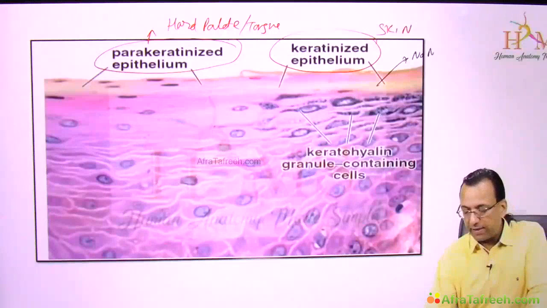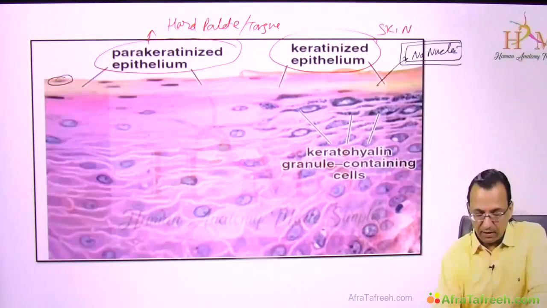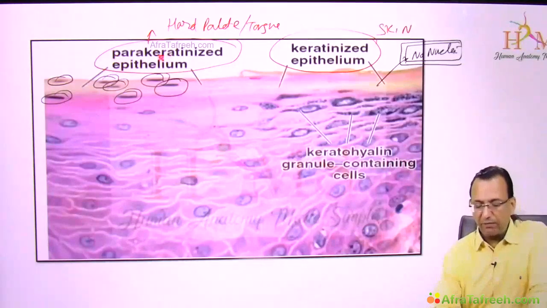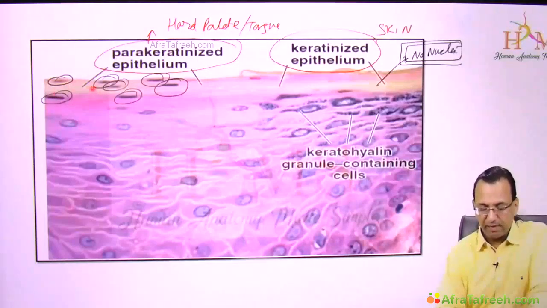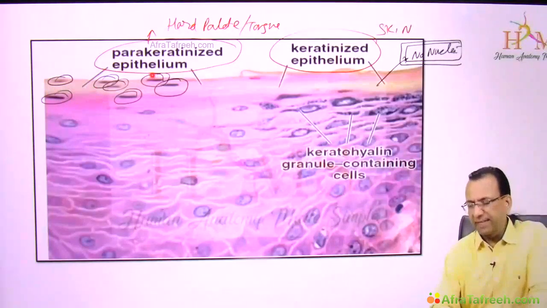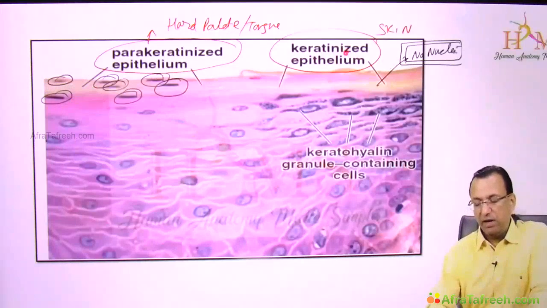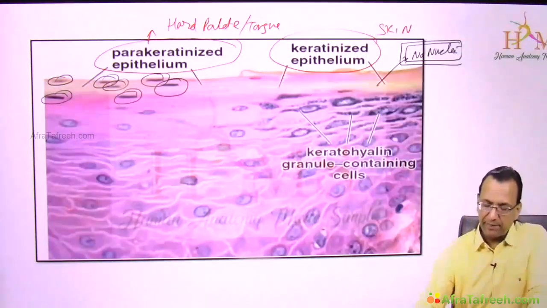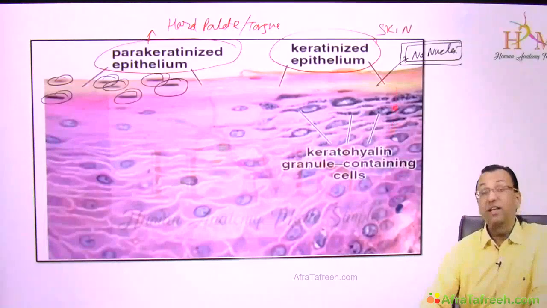No nuclei in the superficial layers, but there are nuclei in the superficial layers if it is parakeratinized. So parakeratinized is identified by the fact that superficial cells have nuclei, which is missing in the actual keratinization. This is the difference between the two things. About the skin epithelium, we'll see some more details, but later, not here.